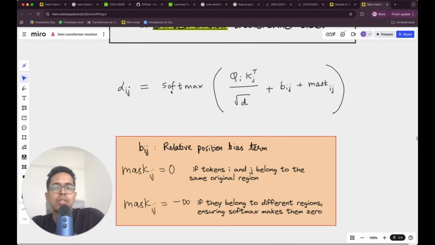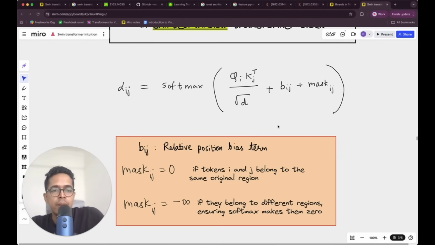And softmax of what is 0? Softmax of negative infinity is 0, because in softmax calculation there is an e raised to x term. If e raised to x is e raised to minus infinity, then it will be 0. So what can you do? You can simply say if i and j are two patches belonging to two different windows with different IDs, assign mask equal to negative infinity.